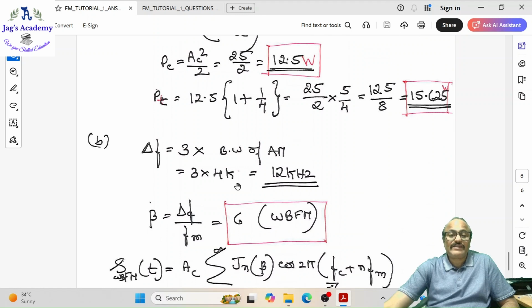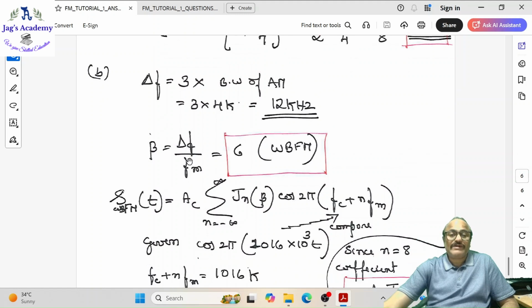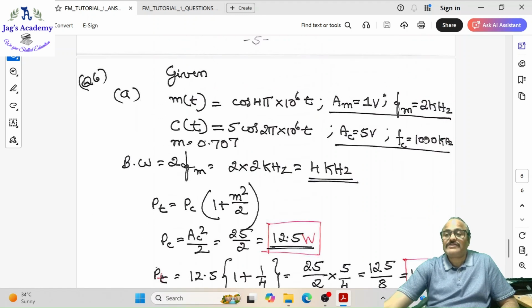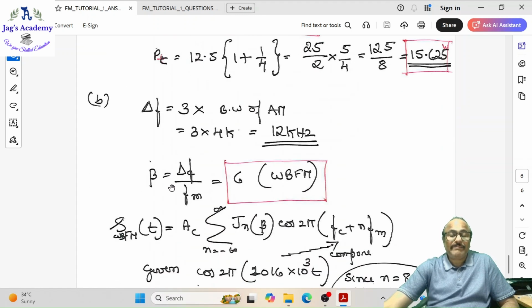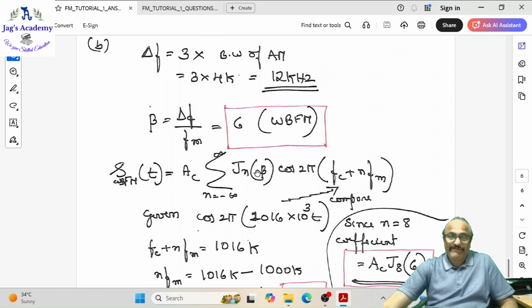So delta f is 3 into 4 kilohertz, which is equal to 12 kilohertz. You get the beta value, right? Delta f is 12 kilohertz, fm is 2 kilohertz. So you get the beta value as 6. Since it is more than 1, it is definitely a wideband frequency modulated wave.